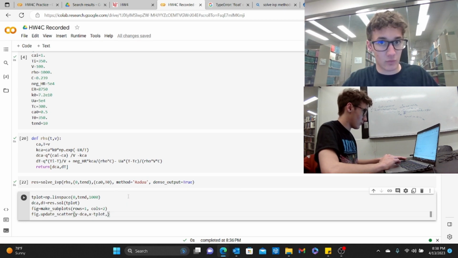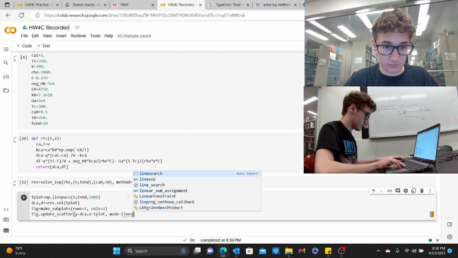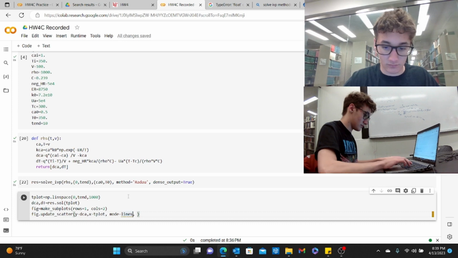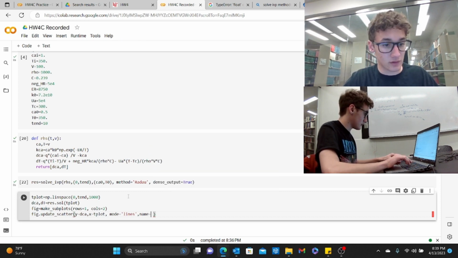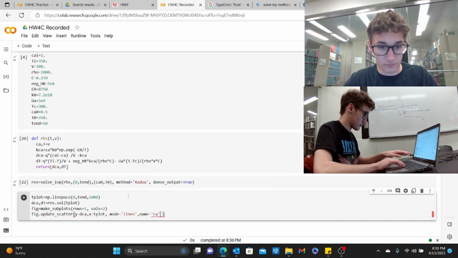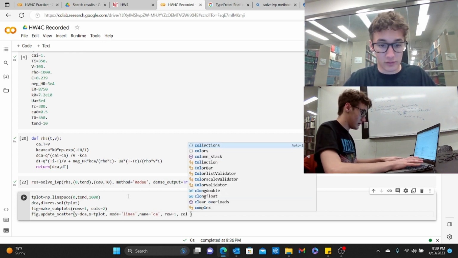We have x, we've got y, then we do mode equals lines. Okay, now we do name equals, we're going to do CA. And lastly, we need to do row equals 1, col equals 1.